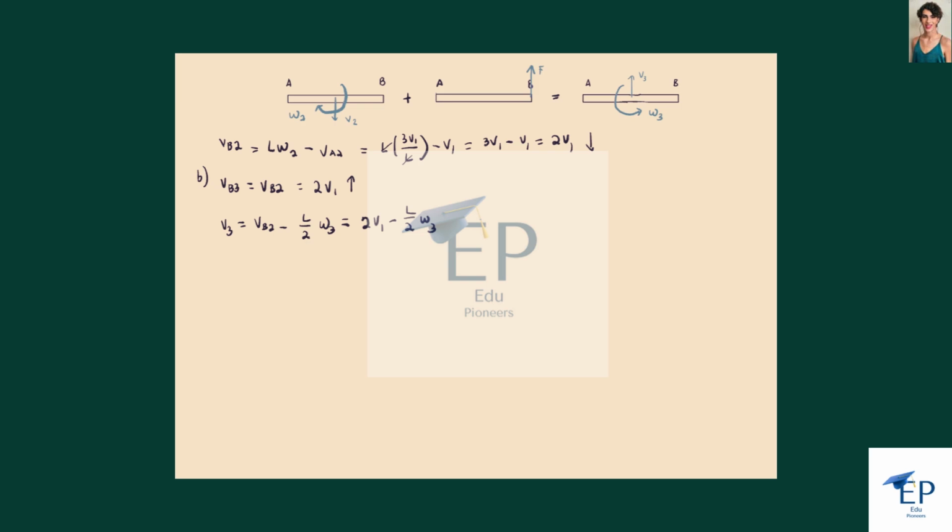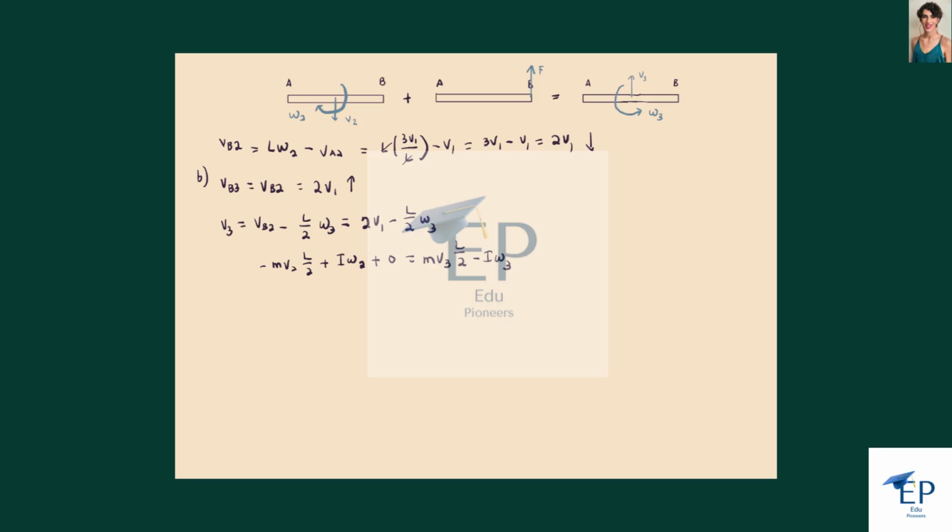So now, taking the moments about point B, taking the clockwise direction as positive, we'll have negative m v2 L over 2 plus I omega 2 plus 0 equals m v3 L over 2 minus I omega 3.